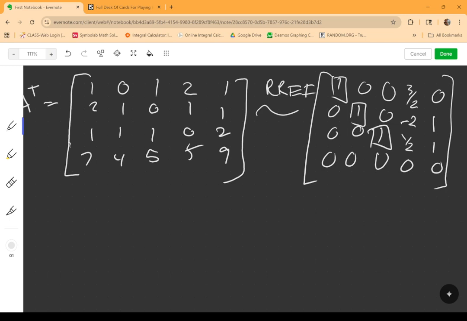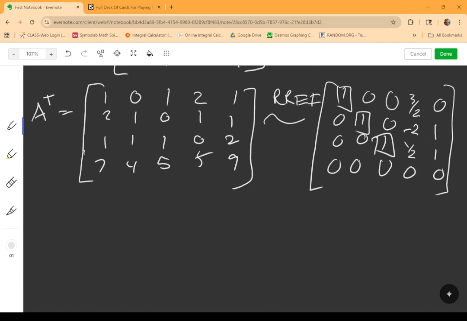Here, that means that from previous results, a basis of the row space of A is going to be, it tells us to look at the span, and now we have 3 pivots in those first 3 columns, so we'll go to our original matrix. The row space here would be 1, 2, 1, 7.